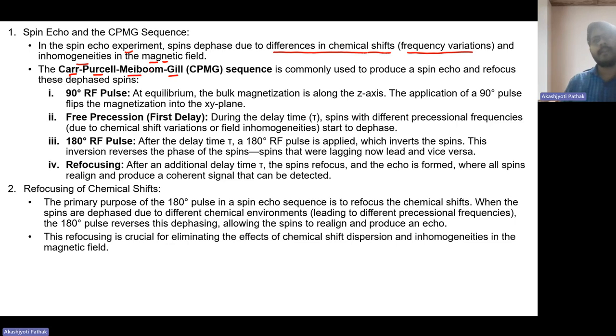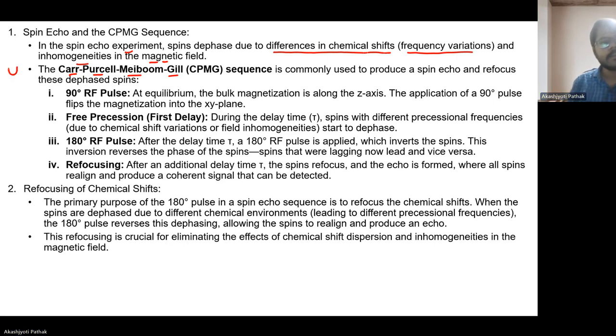So the external magnetic field that I'm exposing my sample to is also not homogeneous. It is inhomogeneous. You can never achieve a homogeneous field. Ideally it is possible, but in the actual case, it is not possible to achieve a 100% homogeneous magnetic field.